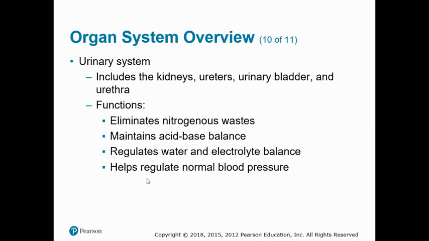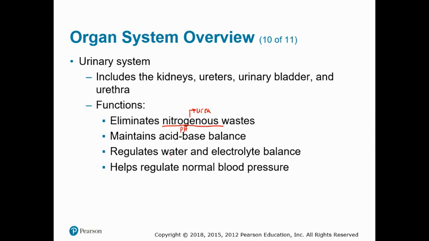The urinary system includes things like kidneys, our ureters, our bladder, and our urethra. This functions in eliminating nitrogenous waste. Now, nitrogenous waste is a pretty big word, and all that's talking about is your urea, or your pee. This is important for our body because it helps maintain an acid-base balance, or our pH levels within our blood.